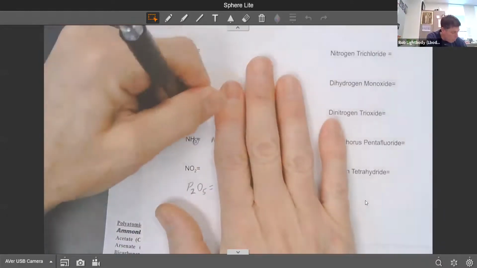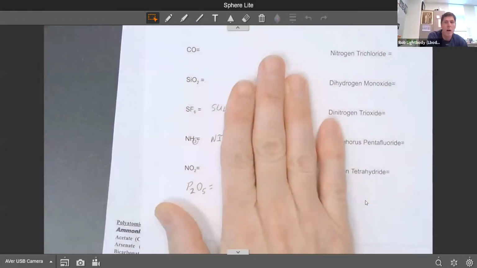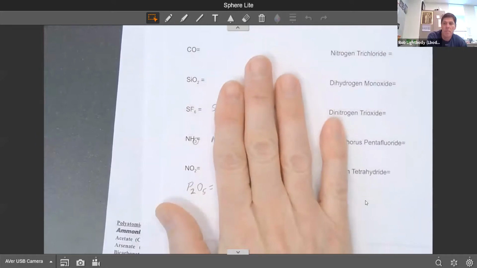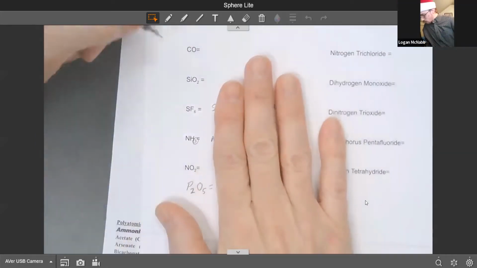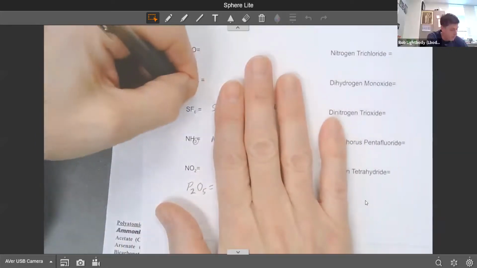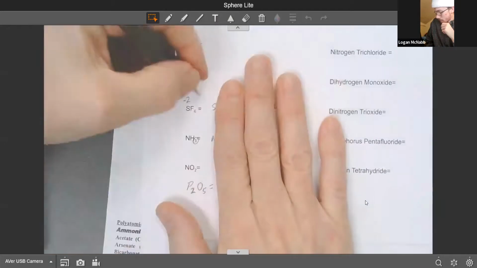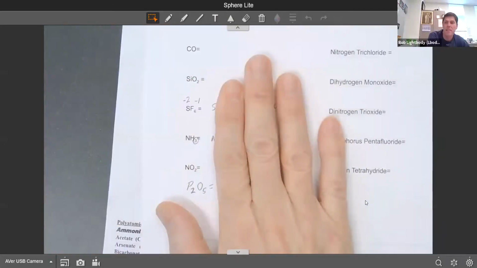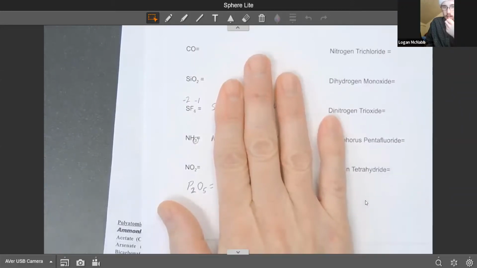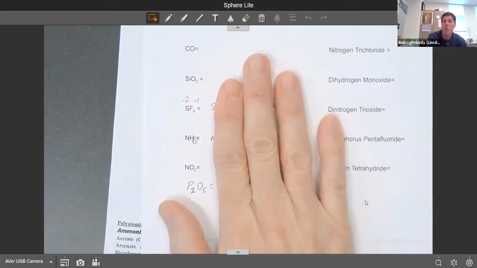Okay, do me a favor. What is the charge of sulfur? Negative 2. What's the charge of fluorine? Negative 1. Now finish the sentence. Opposites attract. Opposites attract, good. So likes do what? Repel.